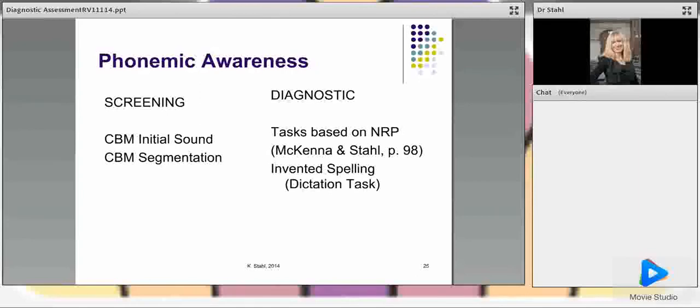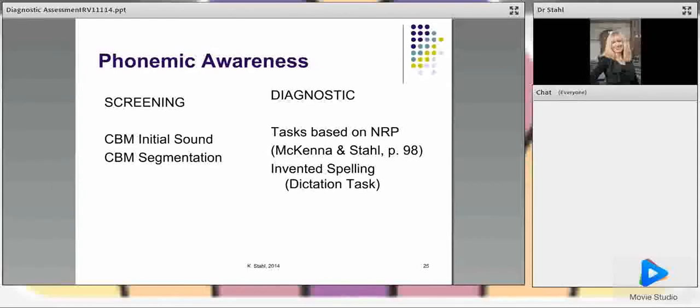Because that's quite a bit easier than segmentation. Are they able to manipulate phonemes in other ways, such as by adding and deleting phonemes? Those are all the kinds of diagnostic assessments you would want to engage a child with who is not successful on these two screenings.